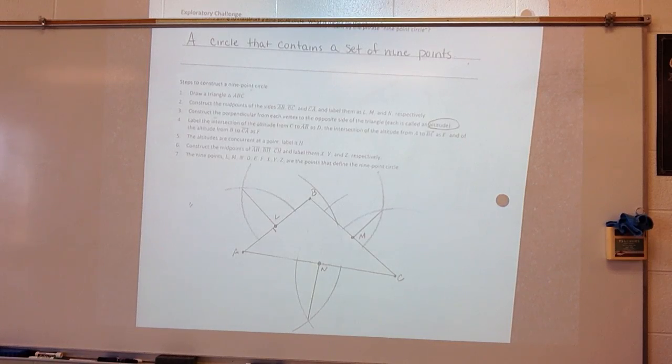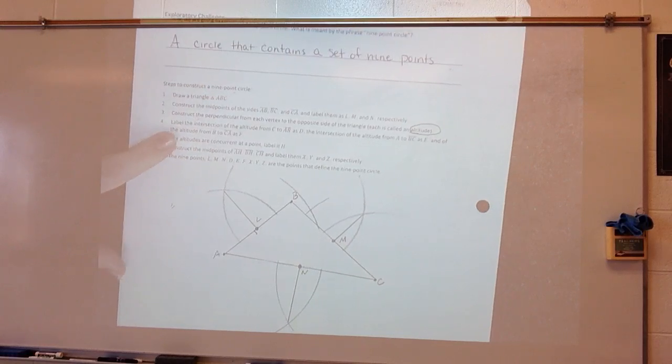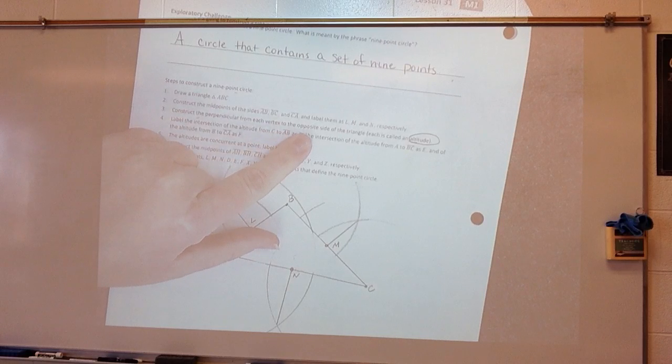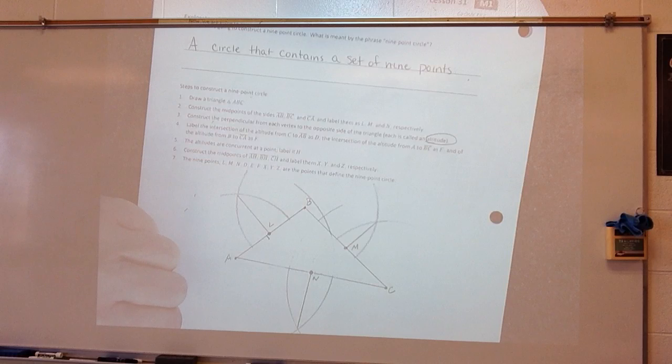Once again, it means to form 90-degree angles. Alright, so let's talk about how to do that. So construct the perpendicular from each vertex to the opposite side of the triangle. So I want a perpendicular.